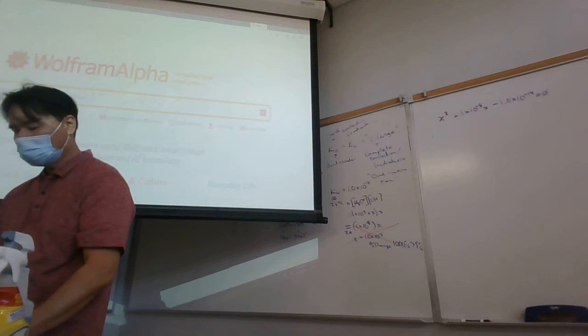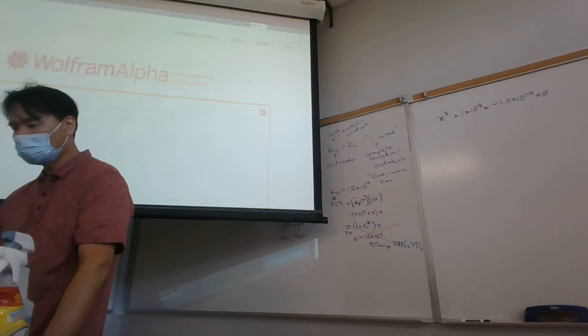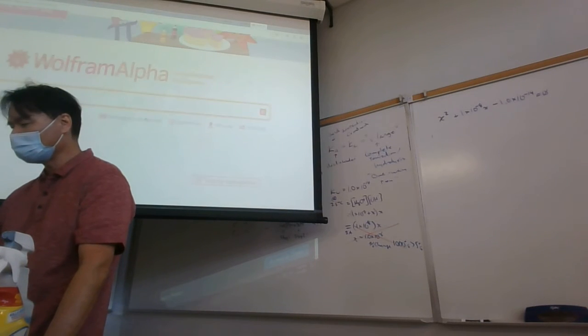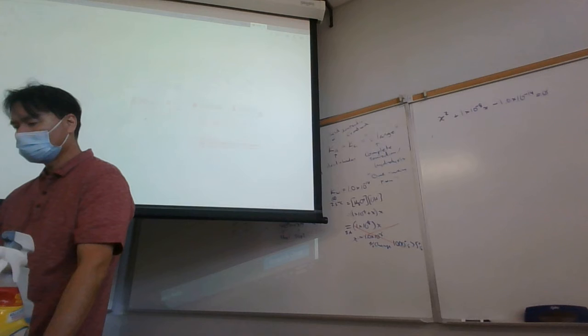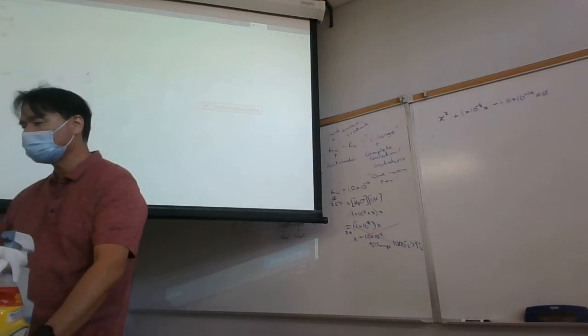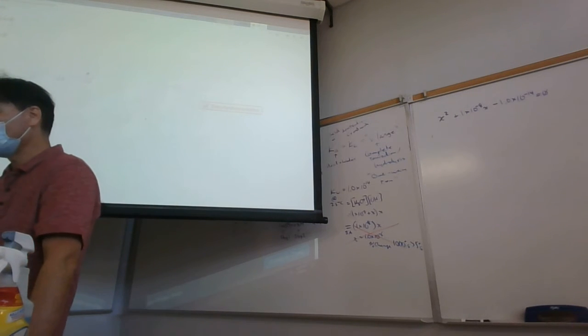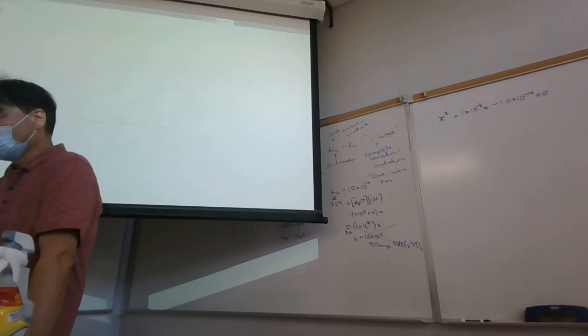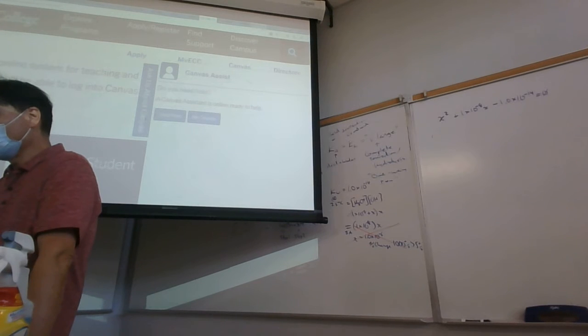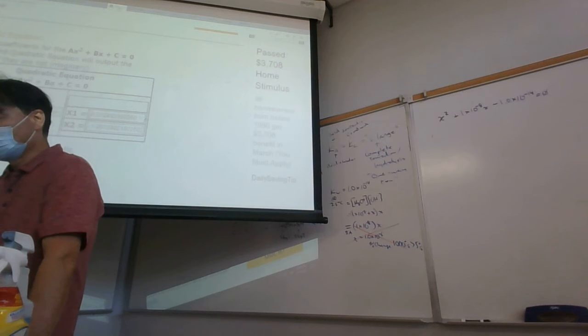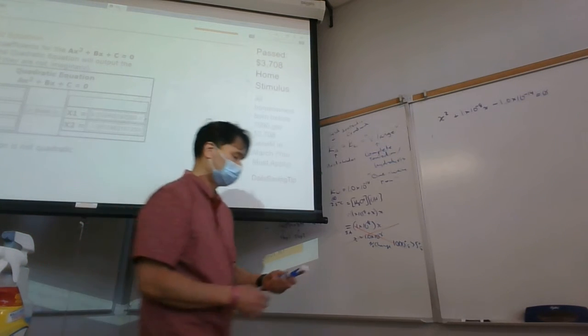So you can plug in a quadratic in here and solve it, like this quadratic here. And you get the solutions here. So Wolfram Alpha is a good option to do as well. That works for homework, but you can't use the Wolfram Alpha or the quadratic solver online for this test.